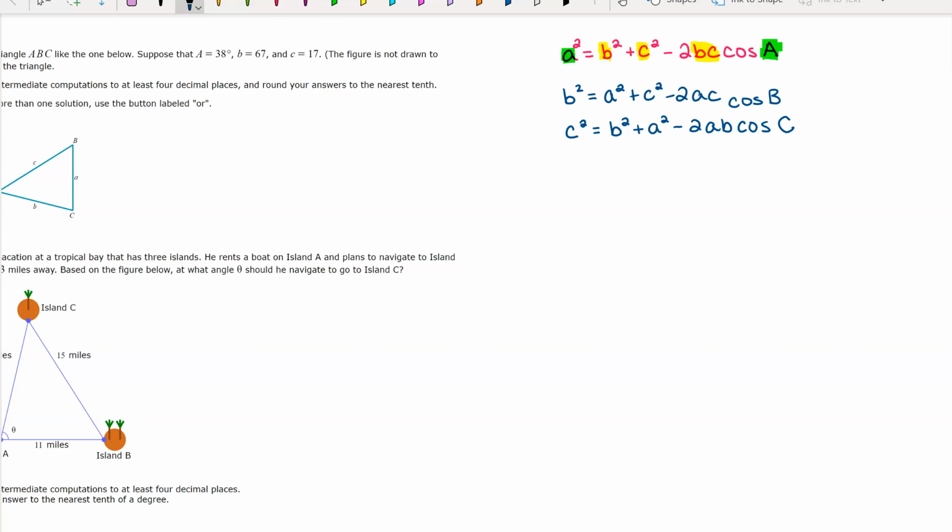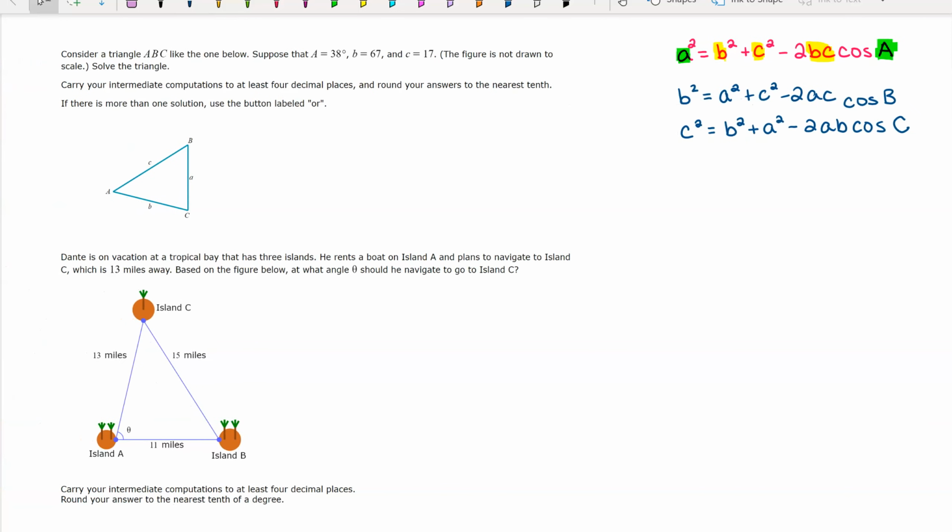So now, how to solve a triangle when you don't know which operation you're going to have to use, the law of sines or the law of cosines. I said this in the law of sines video, but in case you didn't get to see that one, it's best to make a chart with A, B, and C in it, matched up right next to their counterpart.